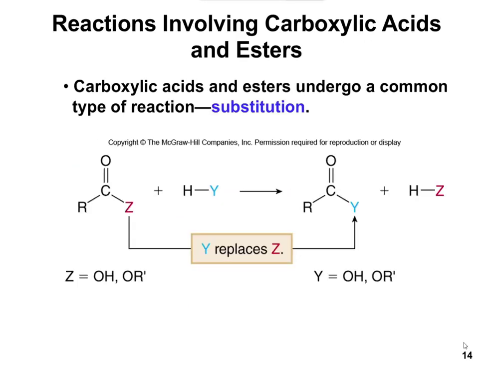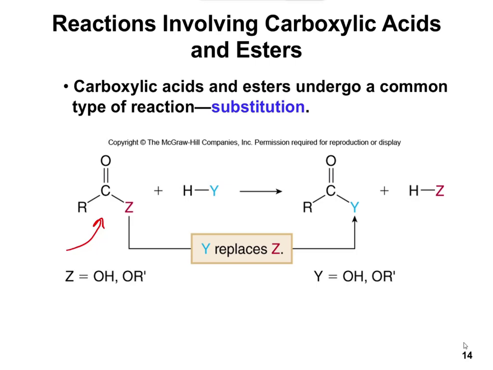Carboxylic acids and esters both undergo a number of reactions, and all the reactions that we're going to look at can be classified as substitution reactions. A substitution reaction is the general name for the reaction where you have either a carboxylic acid or ester, and that's what we're looking at on this side of things. If that Z is an OH, it would be a carboxylic acid. If that Z was OR, like an OCH3, then it would be an ester.